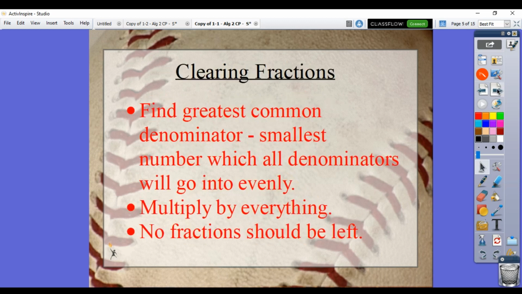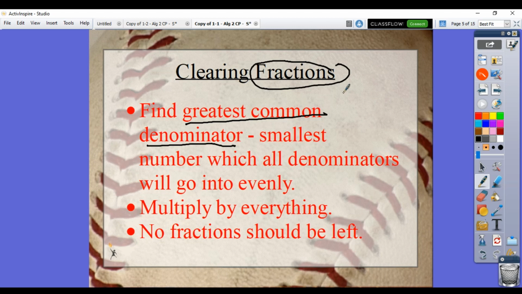The next one is clearing a fraction. When you're clearing a fraction, you have to find the greatest common denominator. Obviously, this happens in a fraction, and some of us have issues with fractions. The best way is to identify the denominators and find the smallest number that will evenly work for all of them.